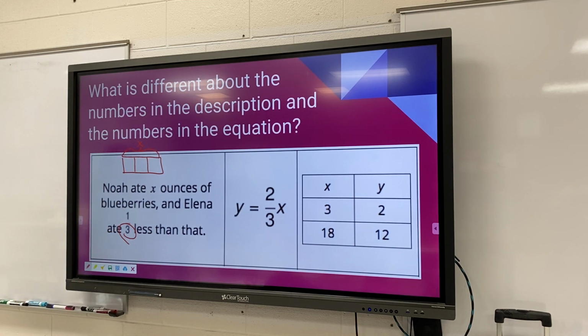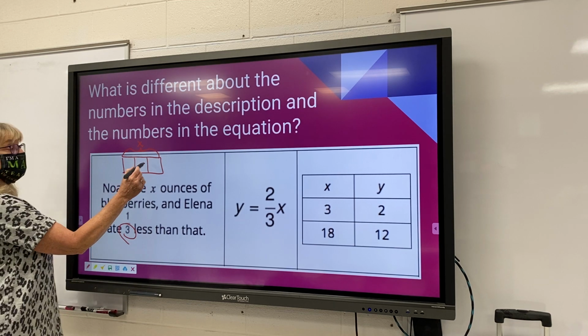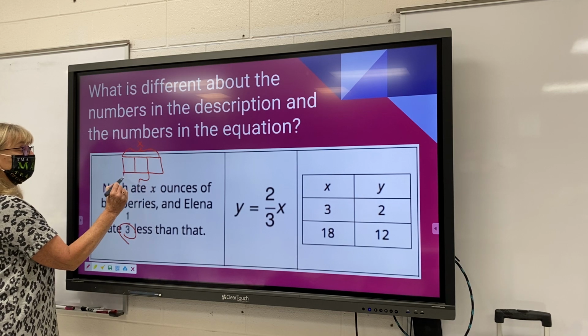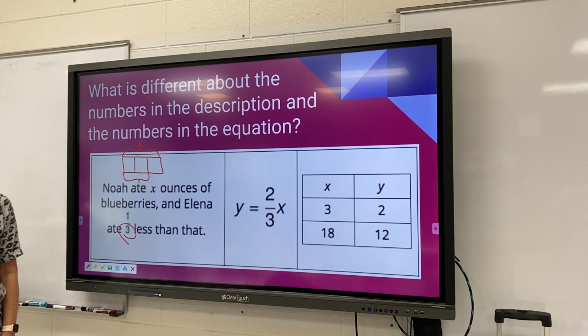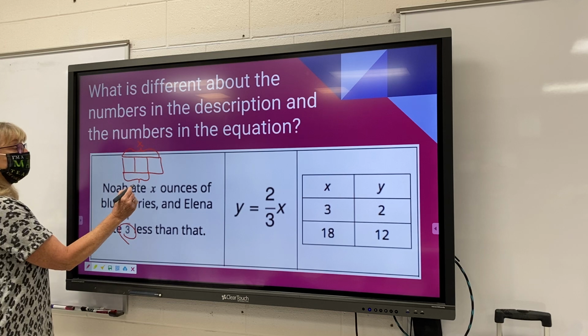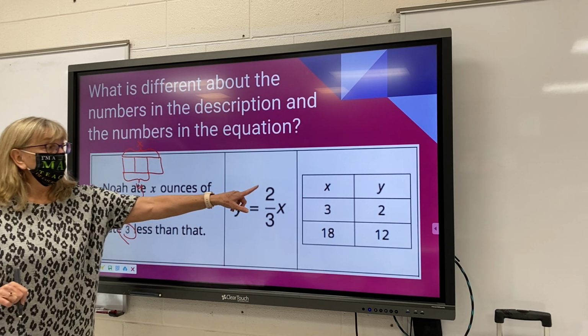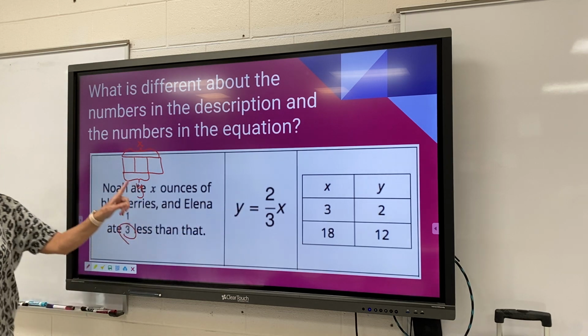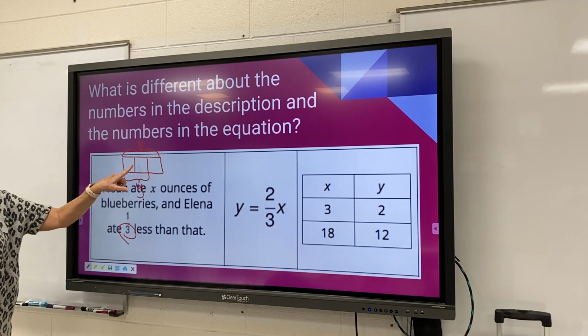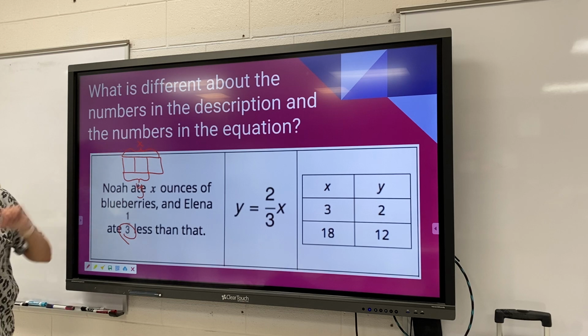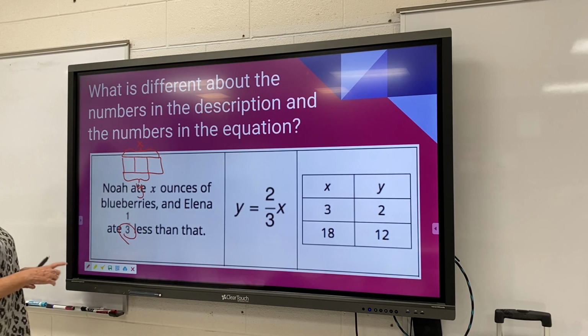Elena ate 1/3 less than that, so 1/3 less would be right here, right? Okay, so if this is Elena, y is Elena. Y equals 2/3 of x. She eats 2/3 of x. Does that make sense, what the picture says? Okay.